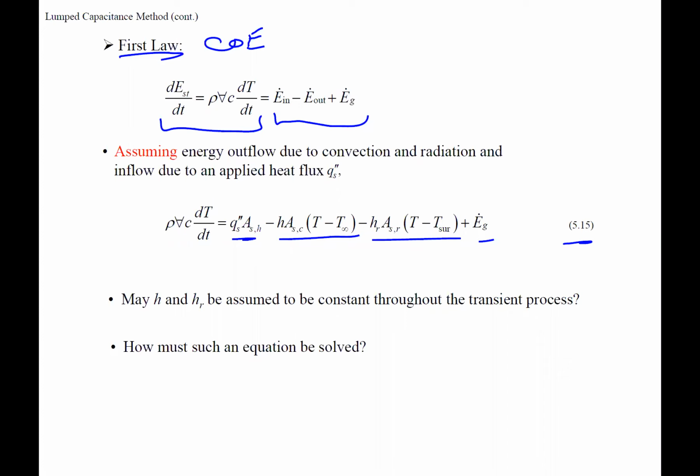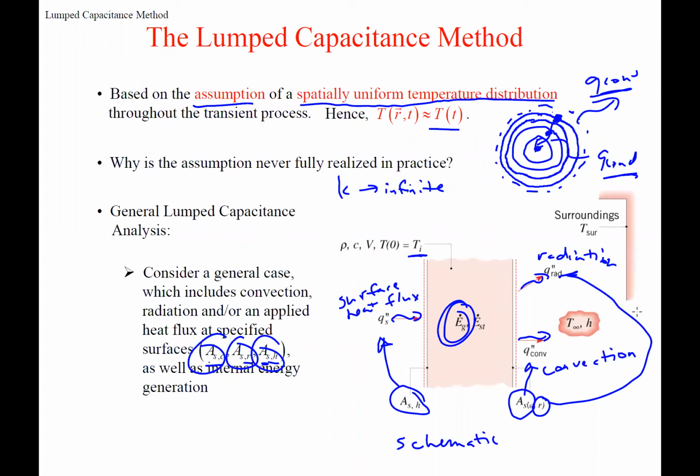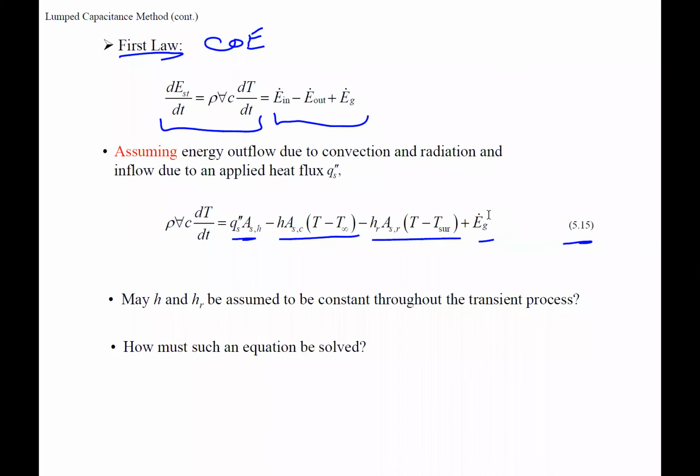We want to know the temperature of this plane wall after some amount of time. So these conditions are happening here, and we want to know the temperature after some amount of time while the temperature is changing with time. So it's not steady state, it's during that transient process. How would we solve this equation?